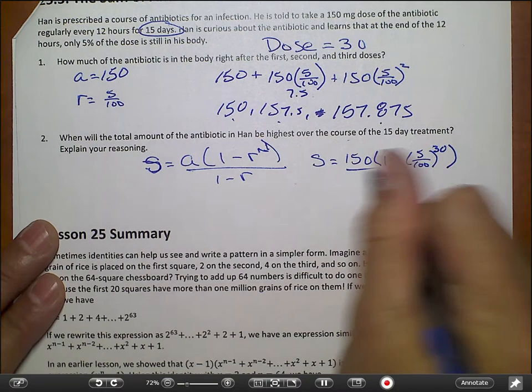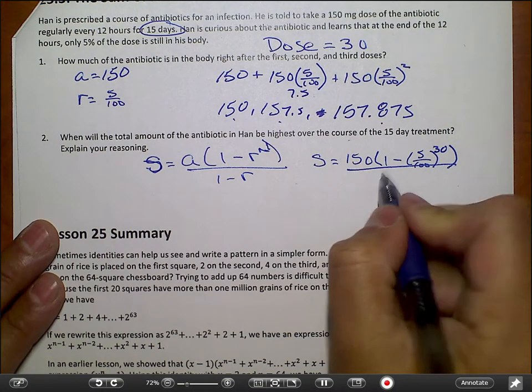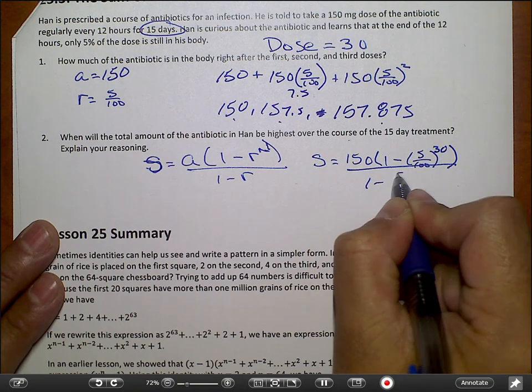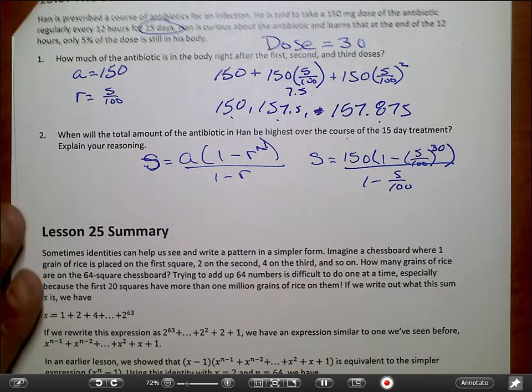Close the parentheses over 1 minus 5 over 100.